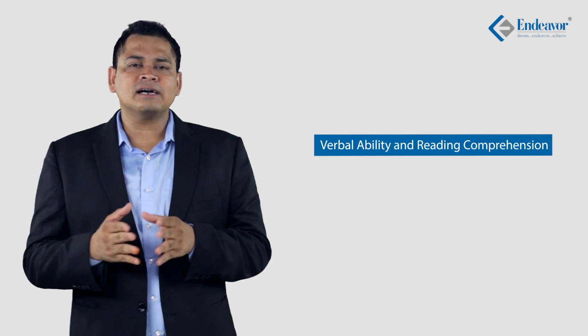First things first, verbal ability and RC section put together. It was 26 questions last year, but if I look at the last 3-4 editions, it's been nearly similar, with 50% of the weightage going to reading comprehensions and the remaining 50% of the questions going to vocabulary plus grammar plus verbal ability, that is verbal reasoning based questions.